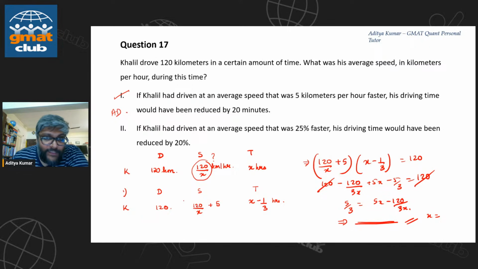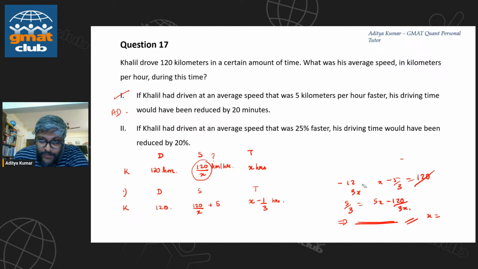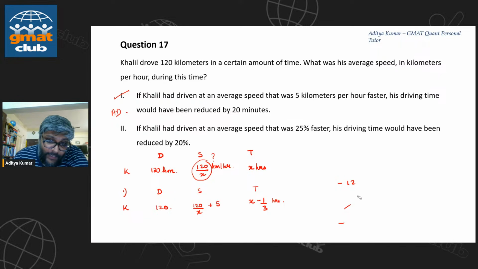Now let's go to the second statement. Let me use some more space here. So what does the second statement tell me? It's again all about translating what I have and then simplifying and then observing.